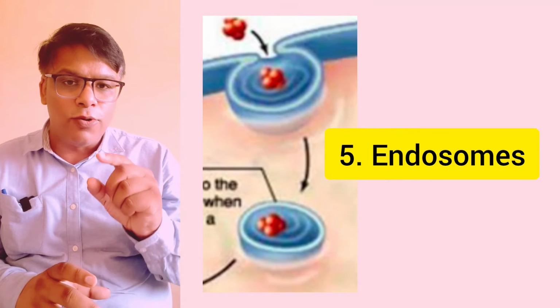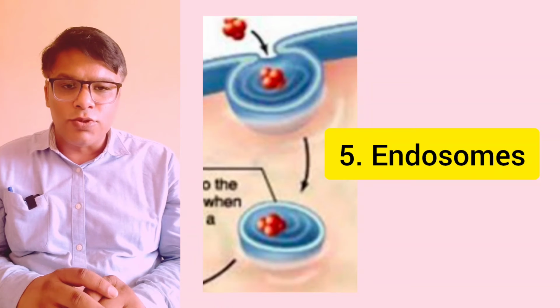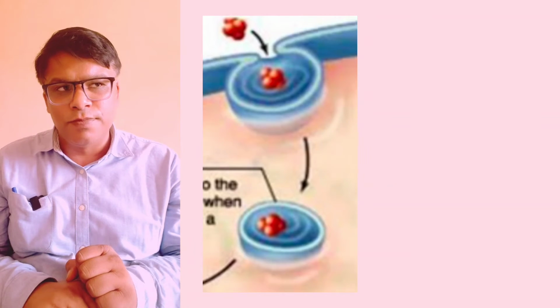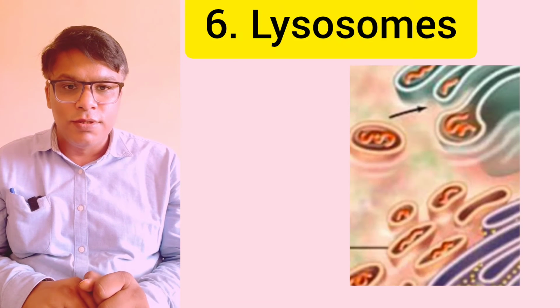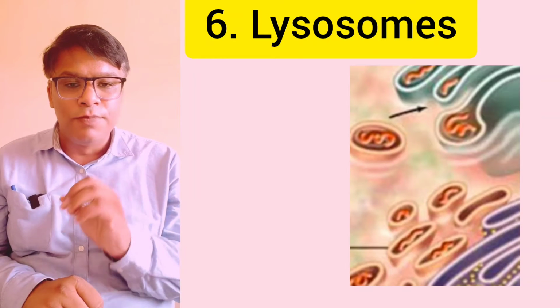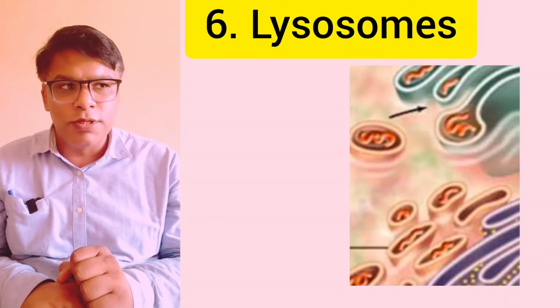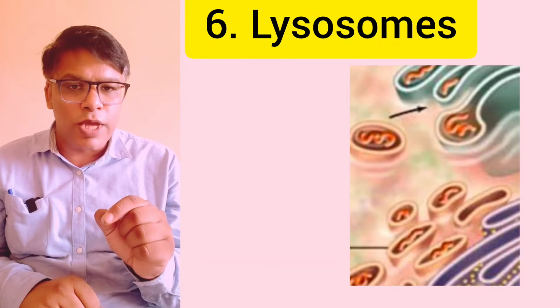Endosomes are also part of the endomembrane system. Lysosomes are also part of the endomembrane system. Hopefully you know lysosomes are known as suicidal bags. So endosomes and lysosomes are part of the endomembrane system.